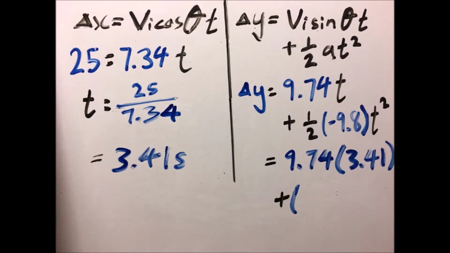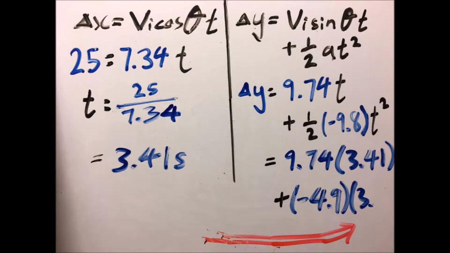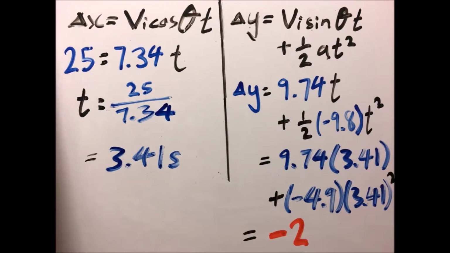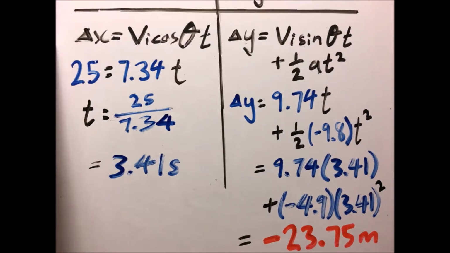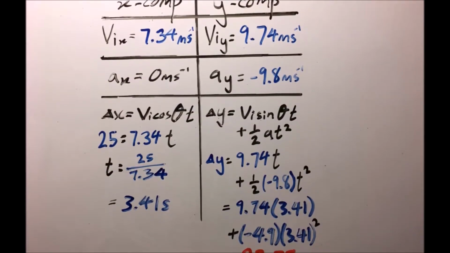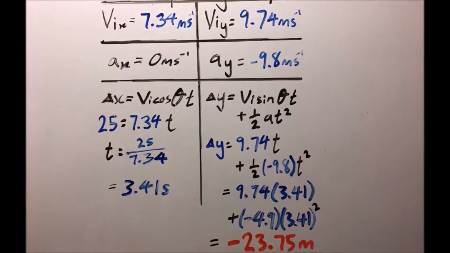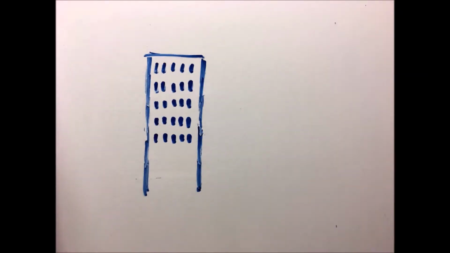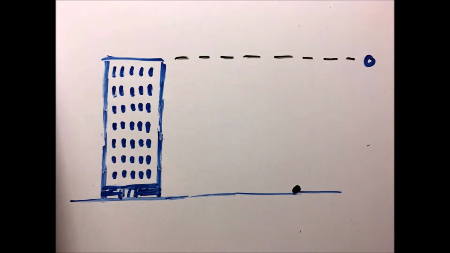We can finally deduce the answer to be negative 23.75 meters. It is also noted that it begins at the top of the building at 0 meters and drops 23.75 meters. Thus the answer is negative.